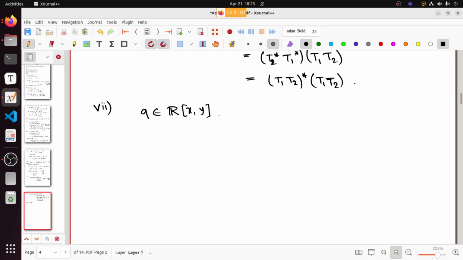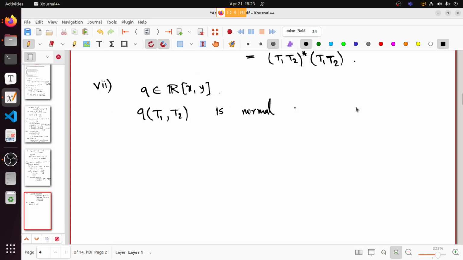Then we have to check that q(T1, T2) is normal. Because T1 and T2 commute, what will be T1 T2 star?